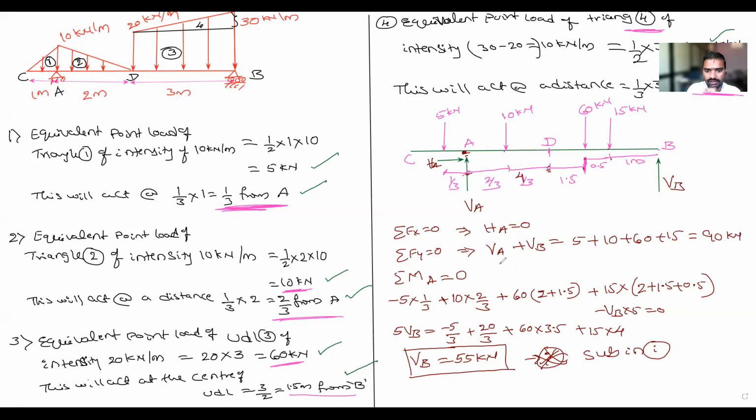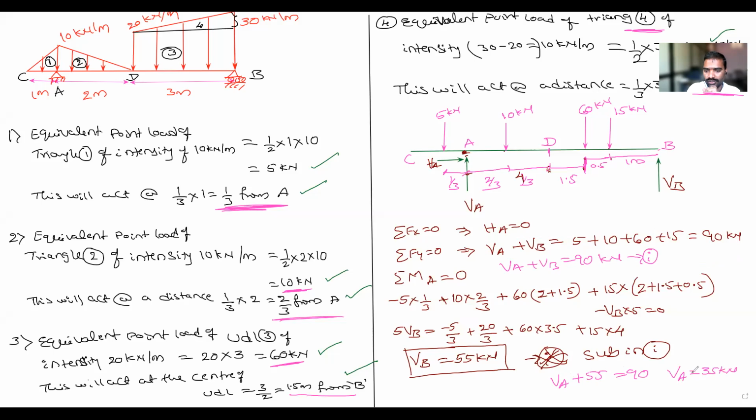VA plus VB is equal to 90 kilonewton, right? So this one is equation number 1. Substitute VB in equation number 1. So VA plus 55 is equal to 90. So I will get VA is equal to 35.